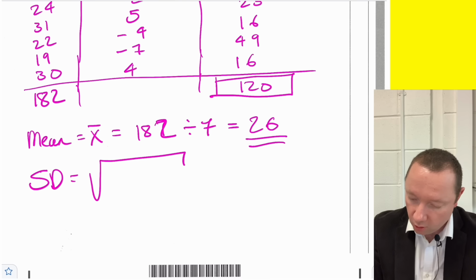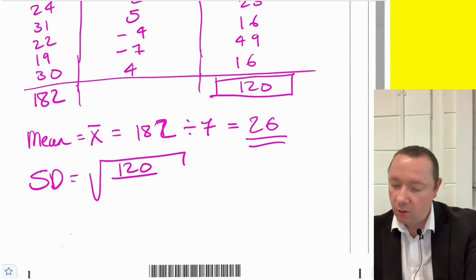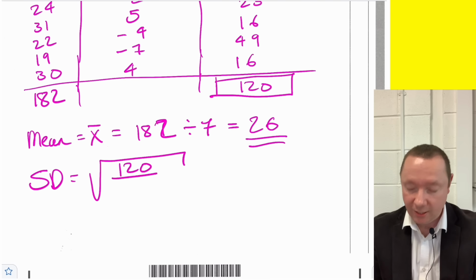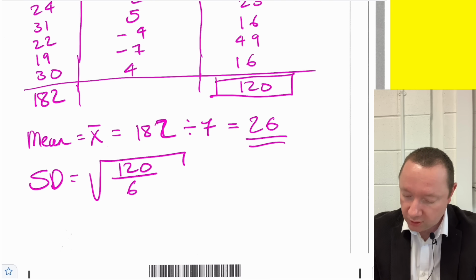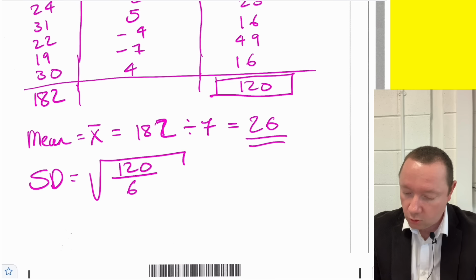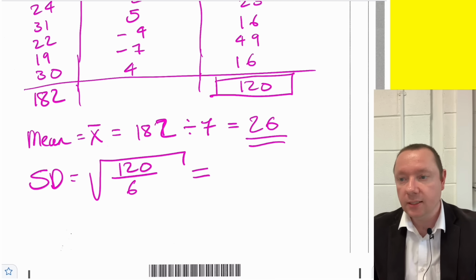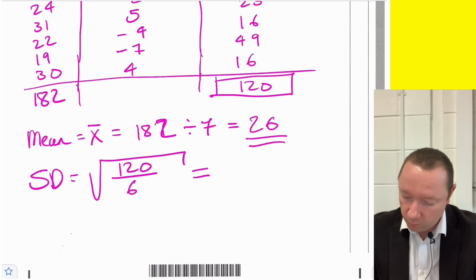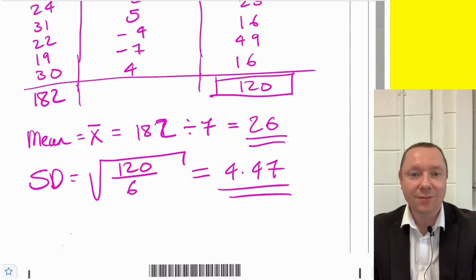It's the square root of the number we just found over 1 less than the number of things. Well, 7, so it's 6 players. 120 over 6. Do that all in the calculator in one go, or do the square root of 20, because 120 divided by 6 is 20, and you'll get 4.47.